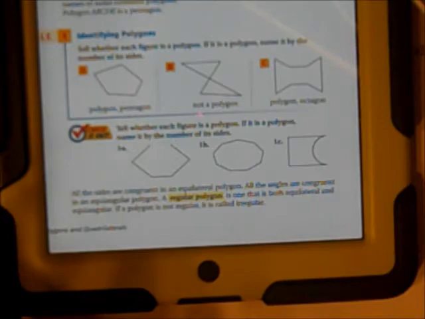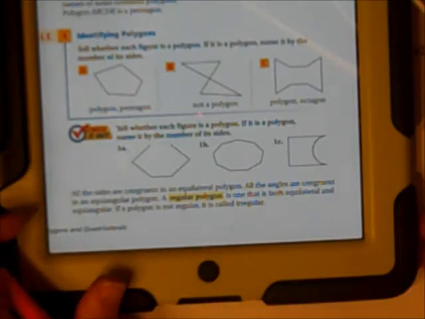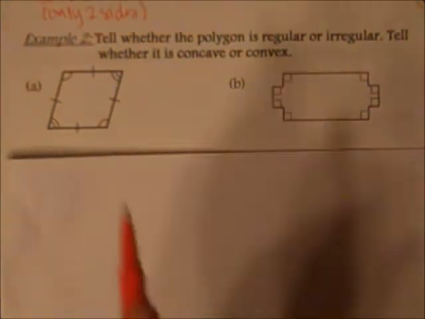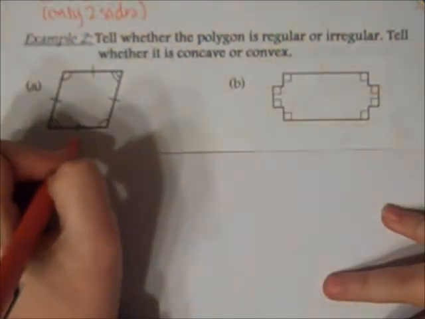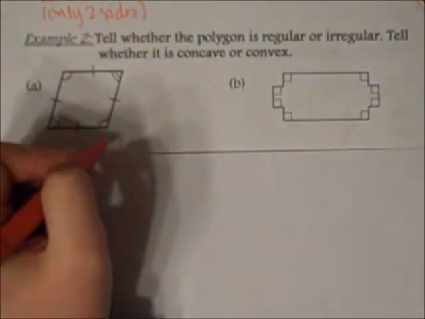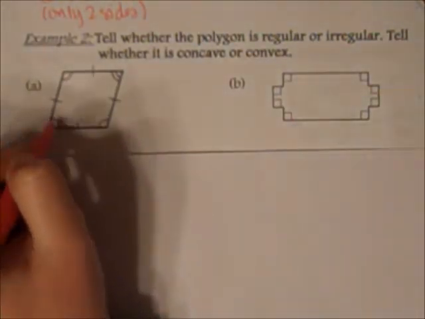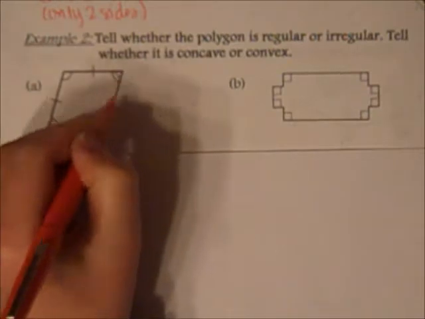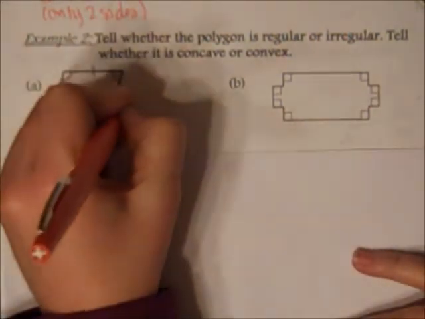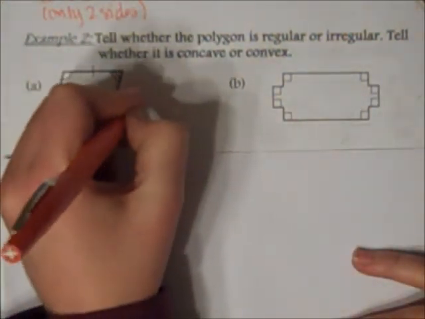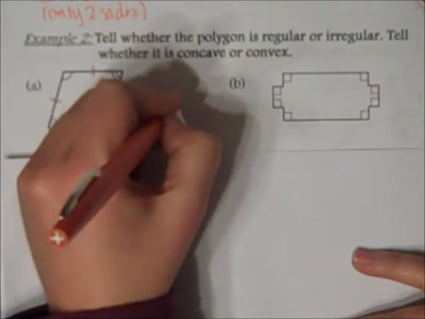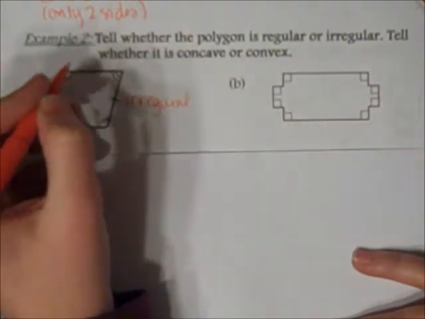If either of those is not true, then we say it's irregular. Okay, so we're going to classify by that here. So this one is equilateral, that's good, but it is not equiangular because these sides are congruent and these sides are congruent, but not all 4 sides are congruent. So it's equilateral but not equiangular, so we have to call that irregular.